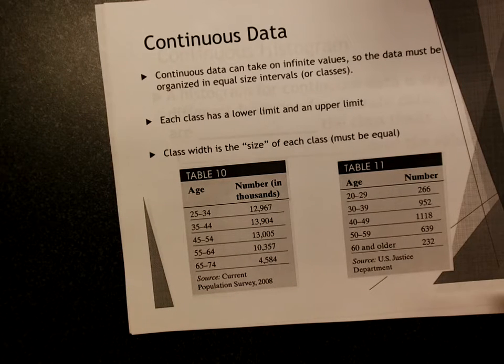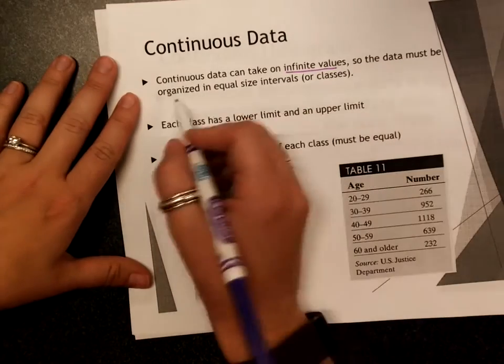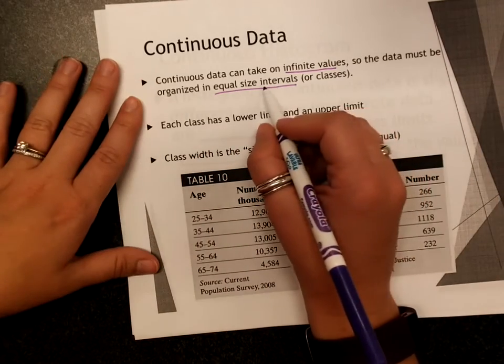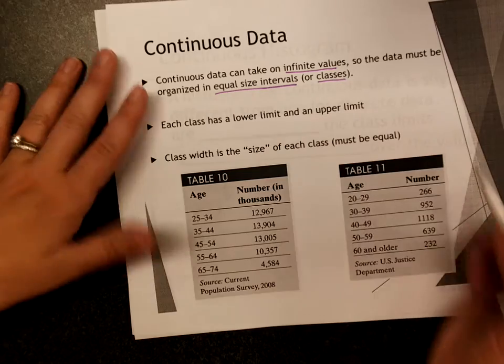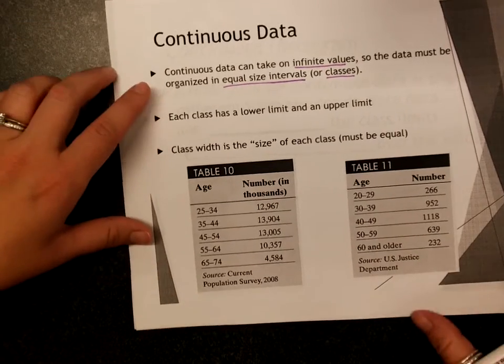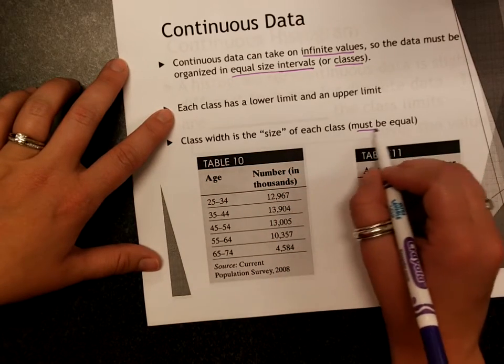For continuous data, it's different. For continuous data, they can take on infinite values, so the data must be organized into equal size intervals. I call them intervals, this textbook calls them classes. Each class has a lower and an upper limit, and class width is the size of each class and it's supposed to be equal.